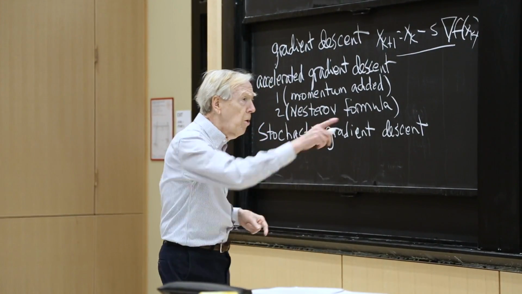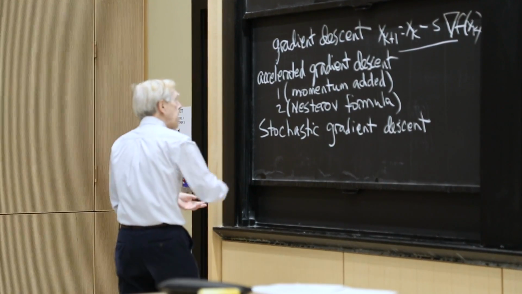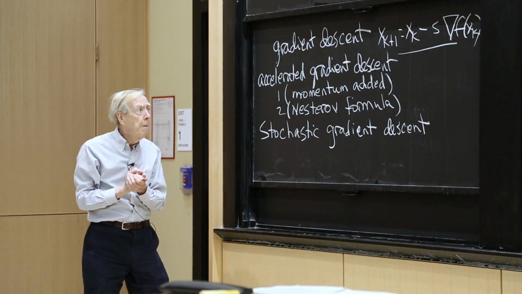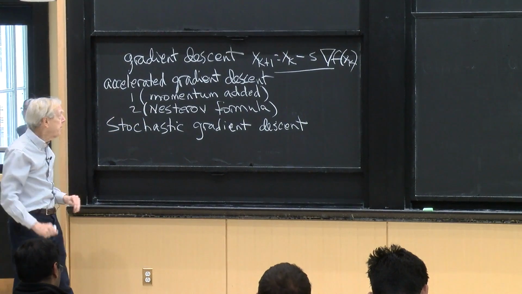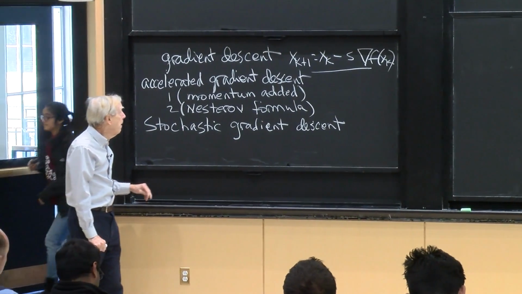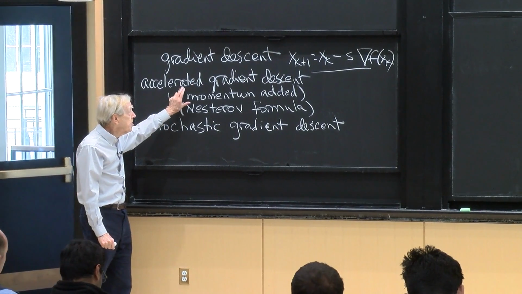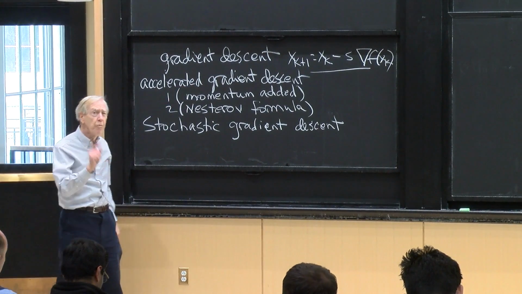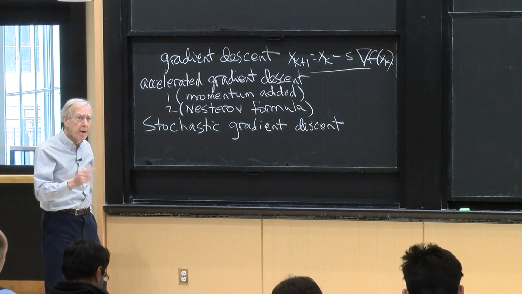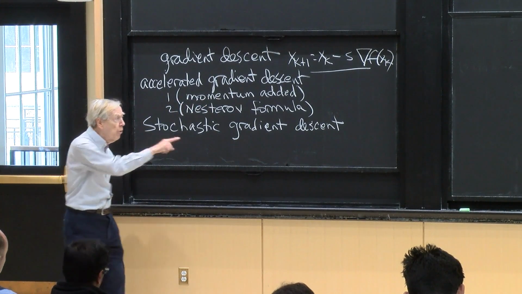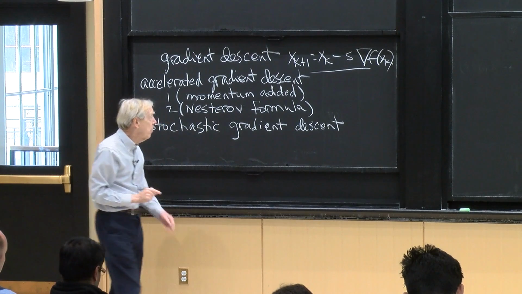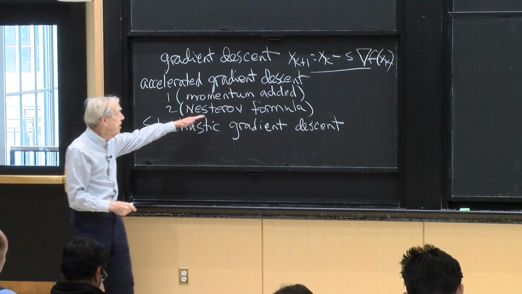I'll go over there and look at that picture, but let me say what's coming. So that's pretty standard. Then this is the improvement that is widely used, adding in something called momentum to avoid the zigzag that we're going to see over there. And there's another way to do it.